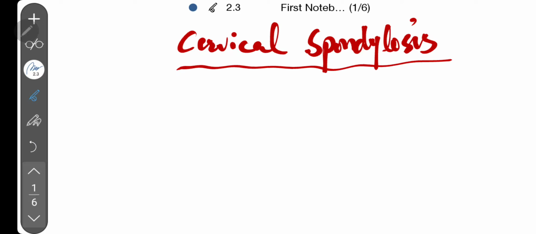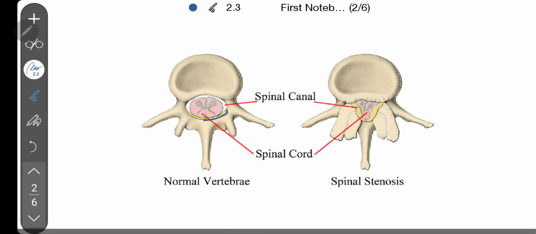Let's talk about anatomy a little bit. You know that these are the vertebrae. So it's the body, this is the spinous process, and behind the body, it's the cervical canal where runs the spinal cord. So this is one vertebra.